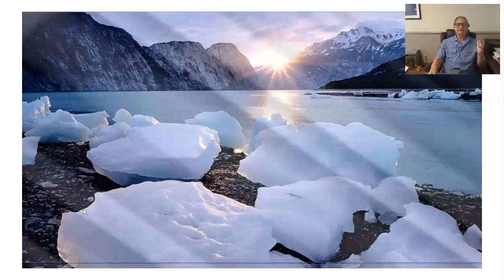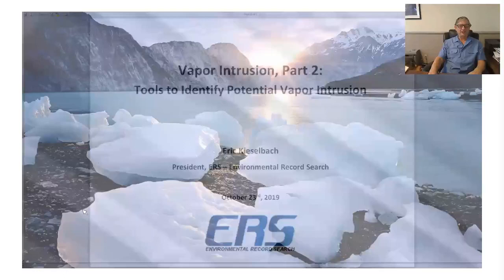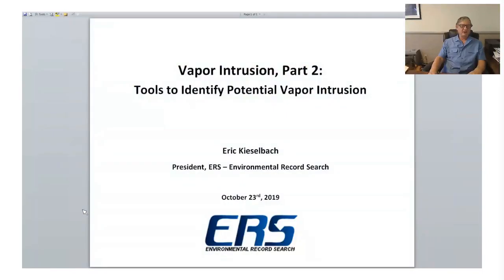What are the things or items we should get? Basically, we should get historical sources, a RecCheck or radius search report that is really detailed, city directories, aerial photos for good history, and review all these things.